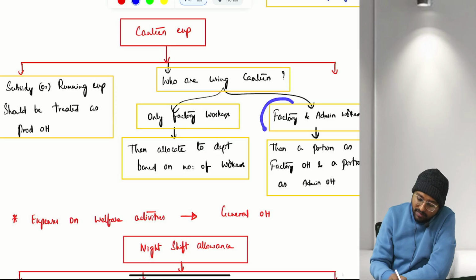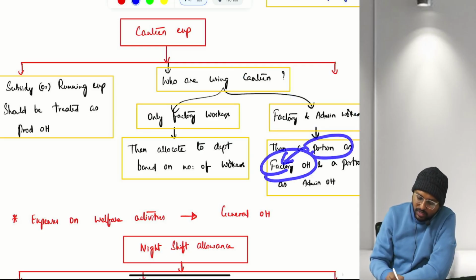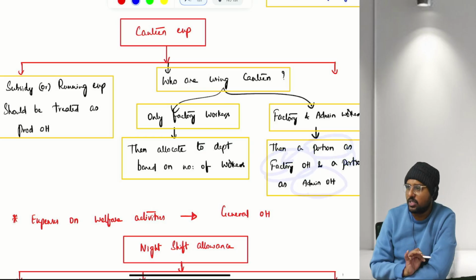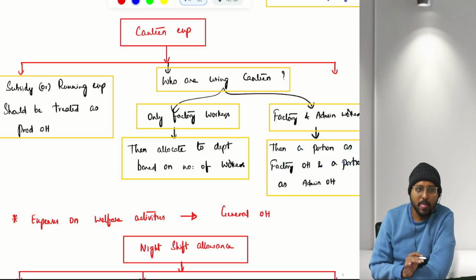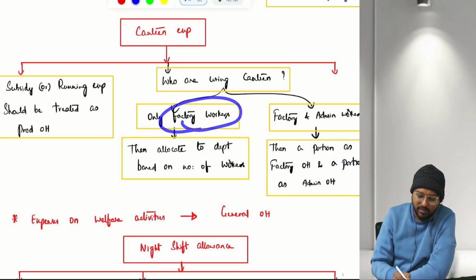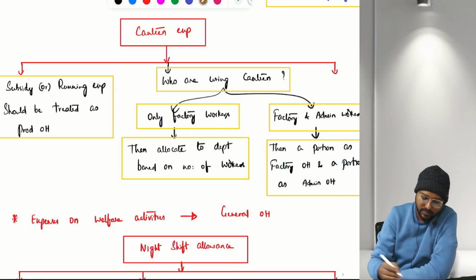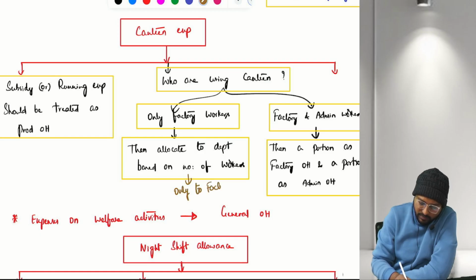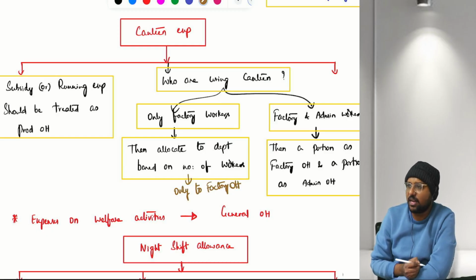But if both factory and administration workers are eating in the canteen, then a portion will go to factory overheads and a portion will go to administration overheads. If only factory workers are eating, everything will go to factory overheads, because workers are inside the factory.